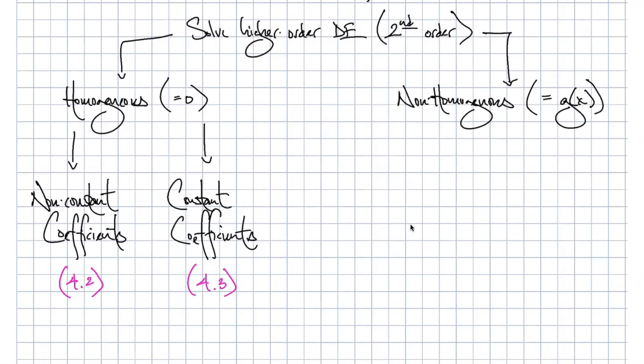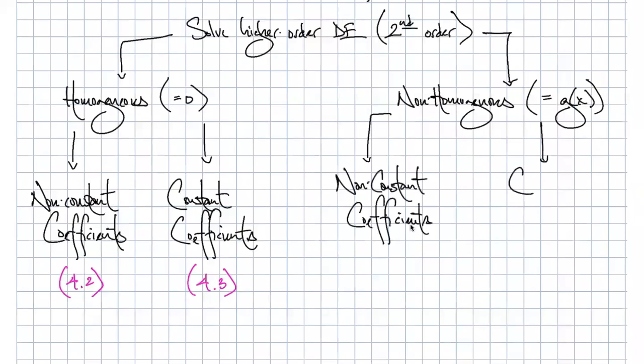Then next week, we're going to take a look at non-homogeneous equations. And in particular, we're going to look at the same categories: non-constant coefficients, as well as constant coefficients.